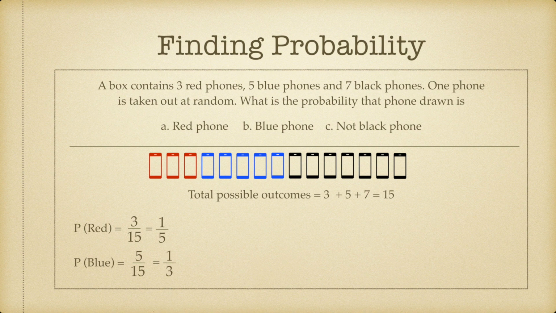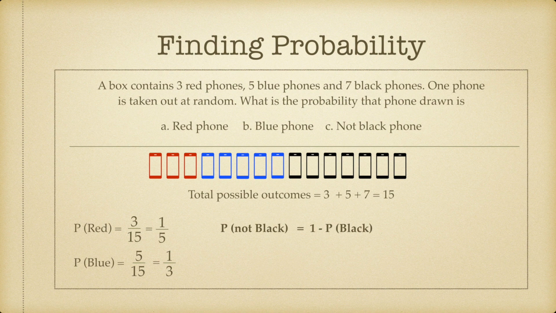Now, probability of picking not a black phone. Now recall that not a black phone and a black phone, they are complementary events. So the probability of not black phone plus probability of black phone should be equal to 1. So we can say that probability of not black will be equal to 1 minus probability of black.